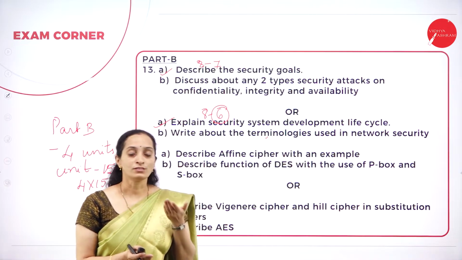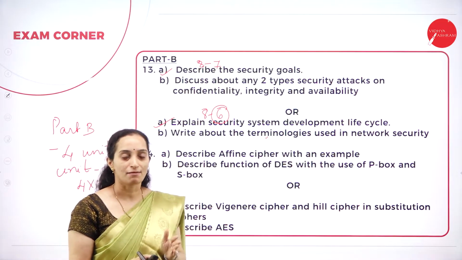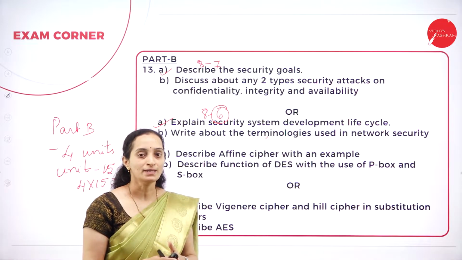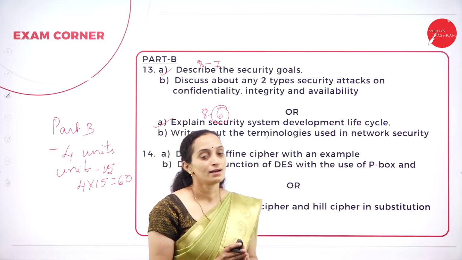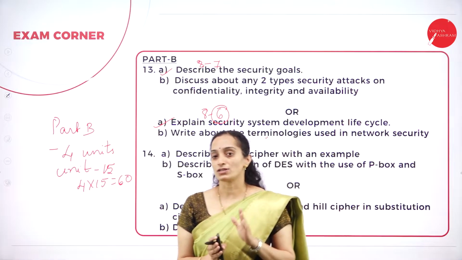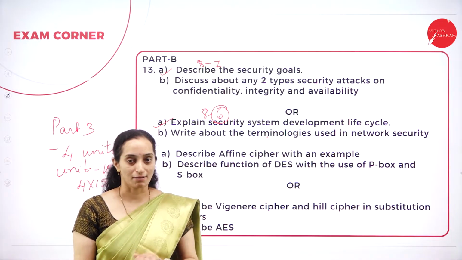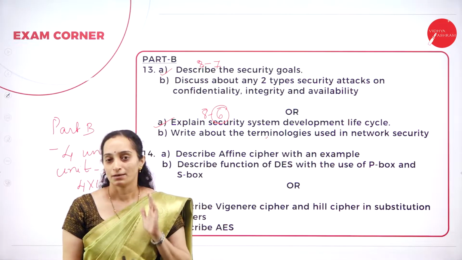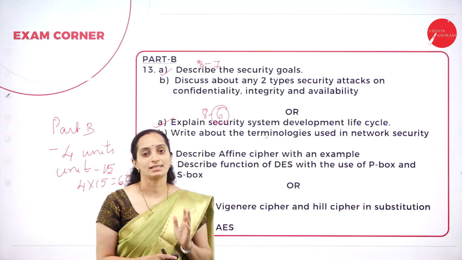So don't forget to mention the question number properly. Okay? That is a good practice you can follow in an examination. Never forget the question number. Always mention the question number before you start writing the answer.